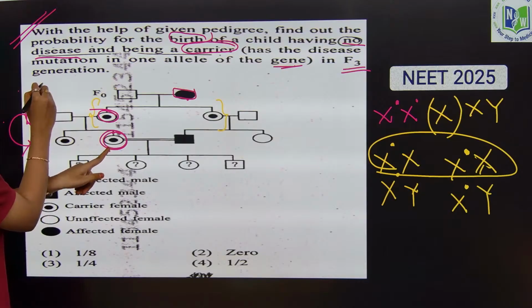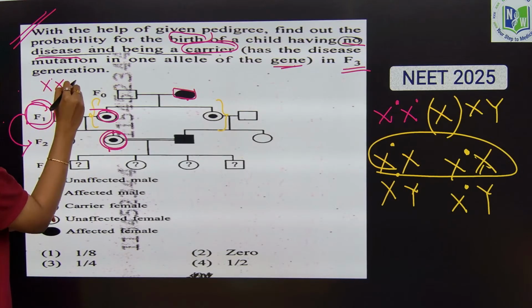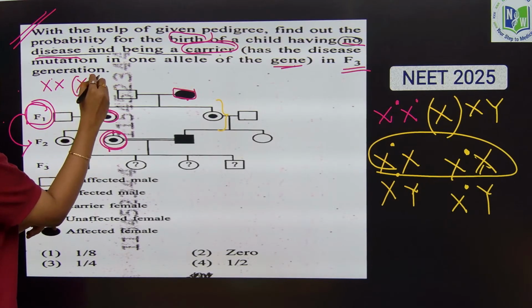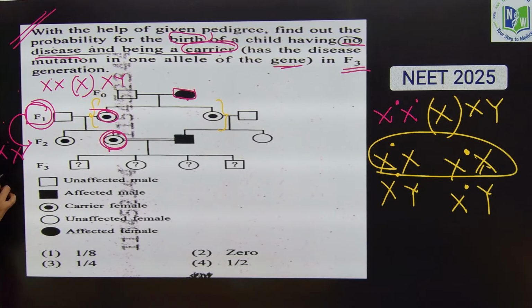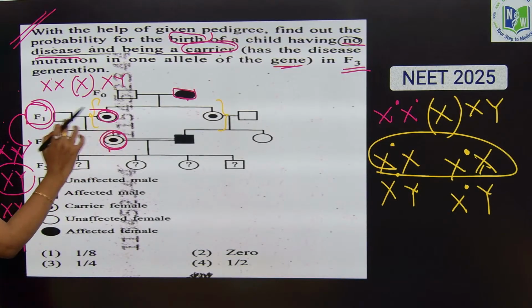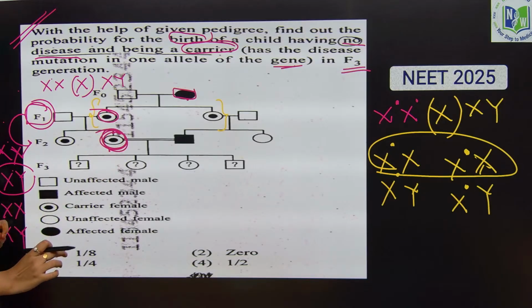Look at this carefully. Carrier female crossed with unaffected male will give you carrier females, and carrier females and one affected male, okay. So, here again the offsprings we have are carrier females only.